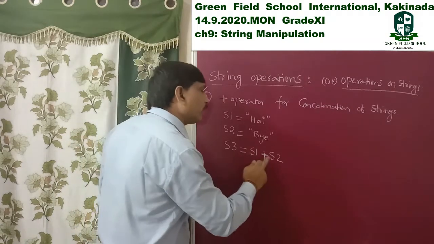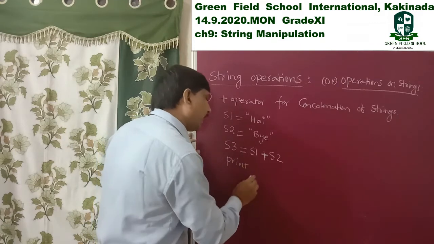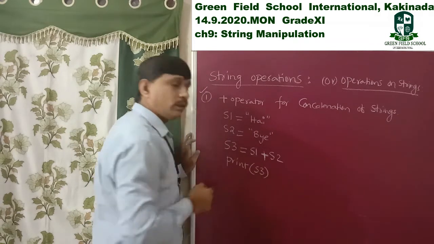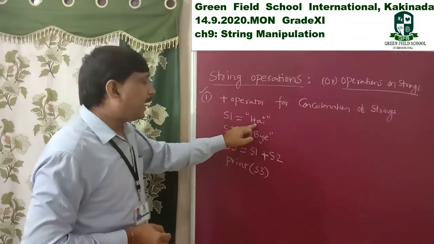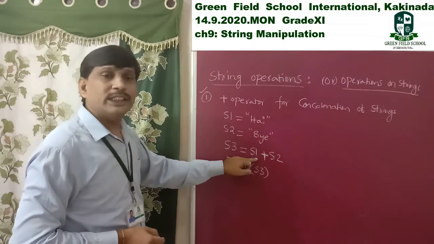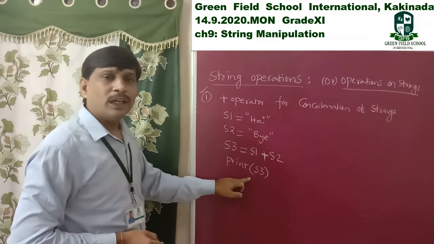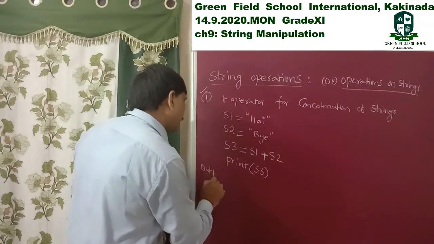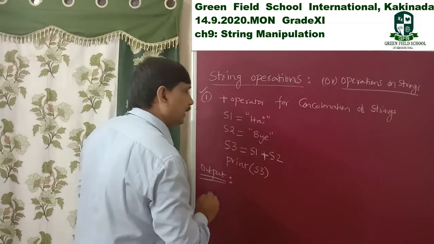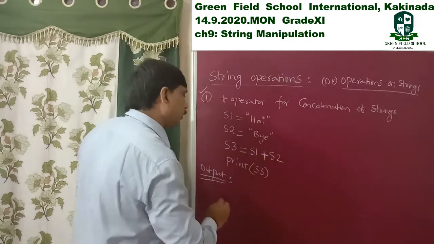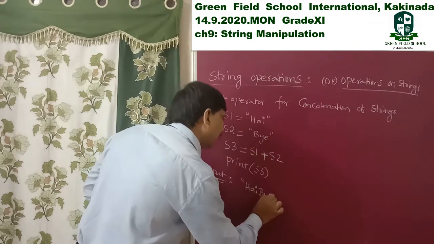S3 is equal to S1 plus S2. Then I print S3. What output does it display? Here I concatenate "hi" and "bye", one more new string is created, and that is printed. Observe: "hi" plus "bye" is equal to "hibye".